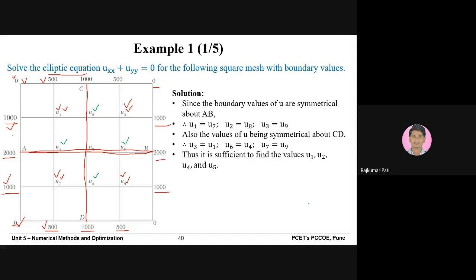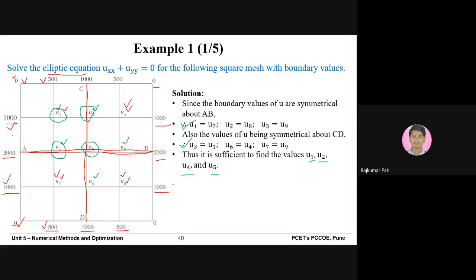From the symmetry you can see that you need to estimate only U1, U2, U4 and U5. If you estimate only these data points, then with the help of these correlations you can easily calculate the remaining data points. So this level of understanding you need to develop at the beginning.